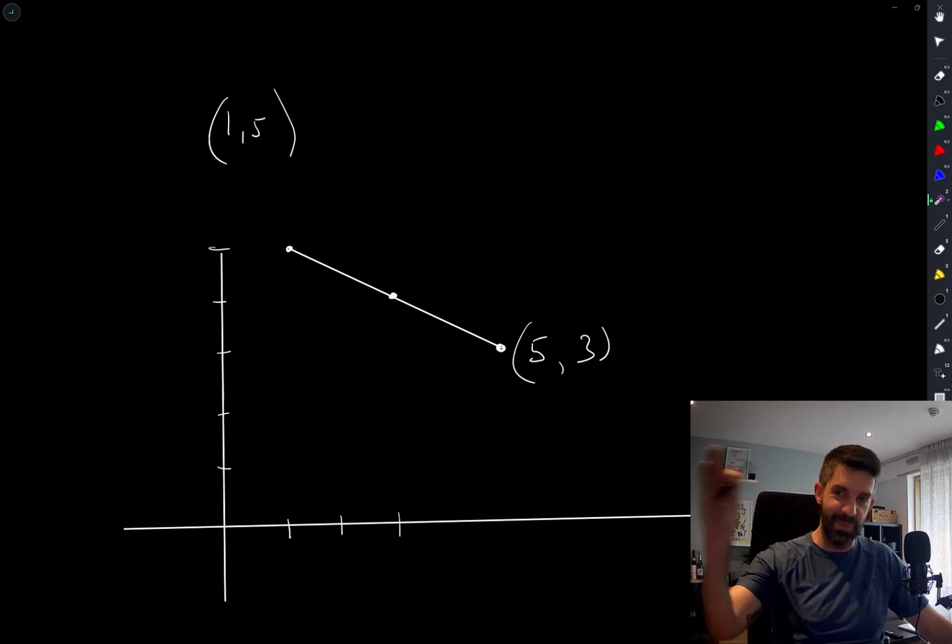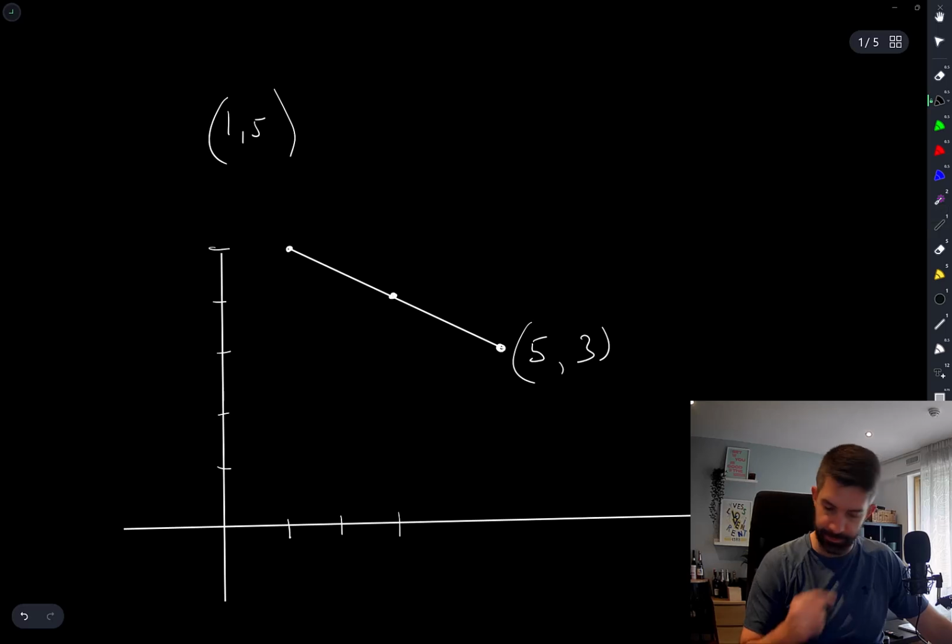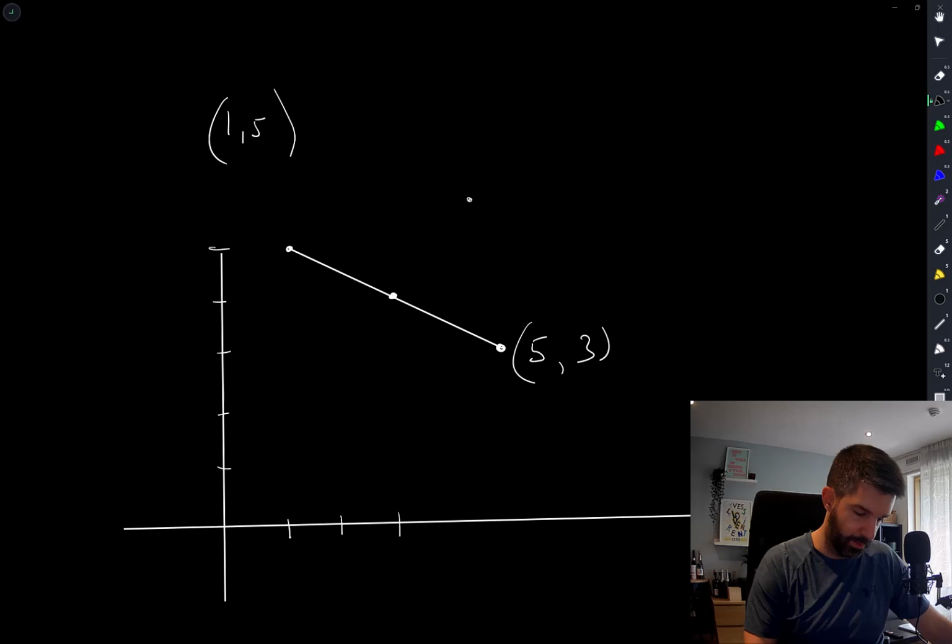Yeah, draw a picture. Okay, we could do this by guess and check in multiple different ways, but what might be a nicer way of figuring out what these points are?